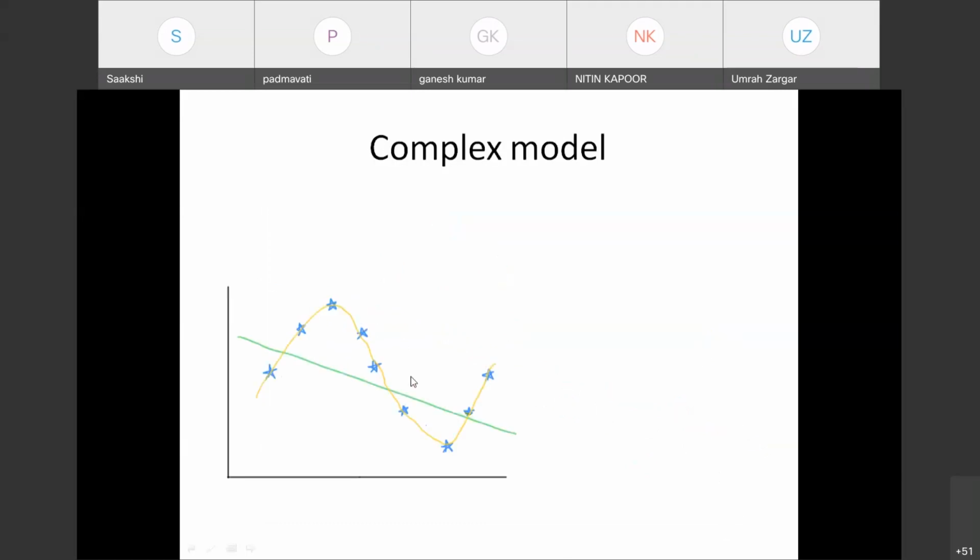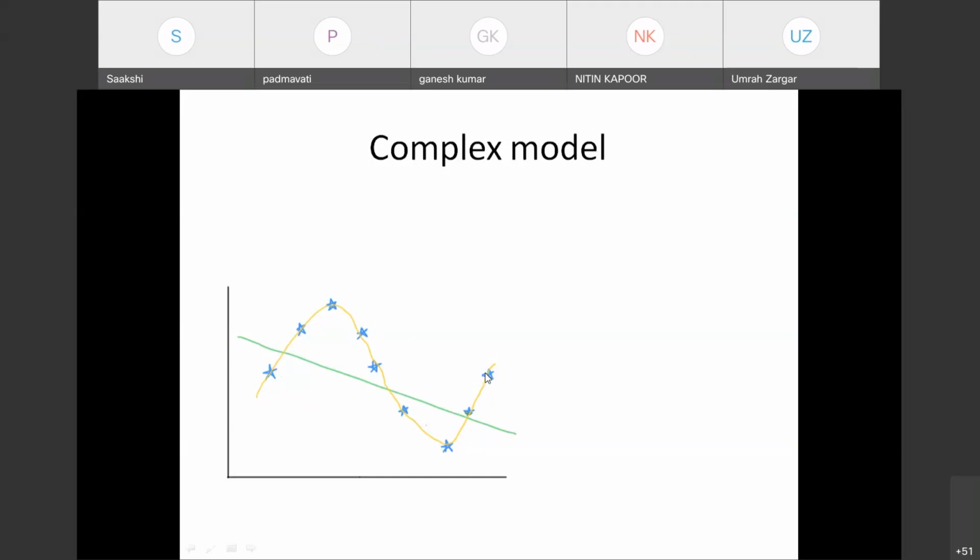Whereas this curve is representing the complex model, that is w1 x square plus w2 x square and so on. You can see my complex model has learned very well for the training data.